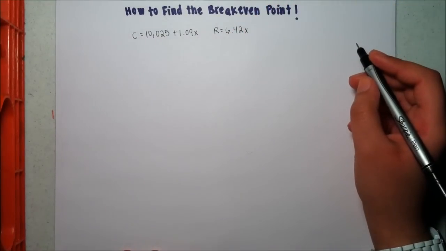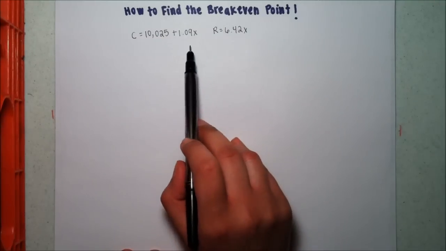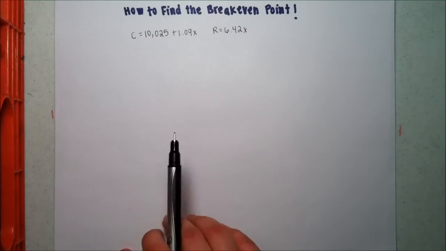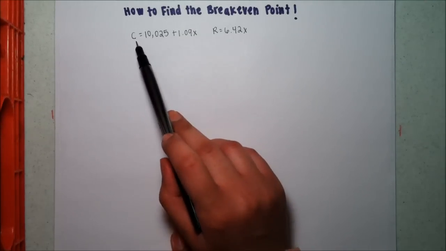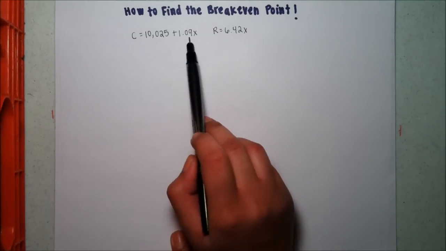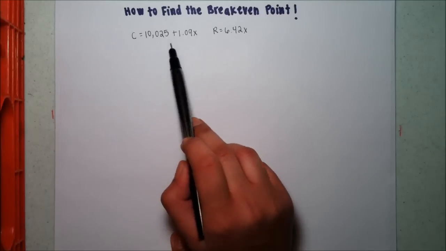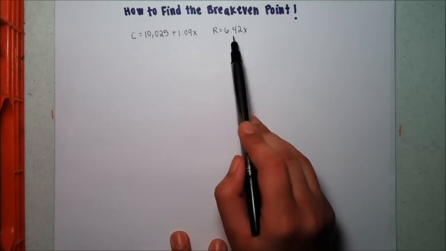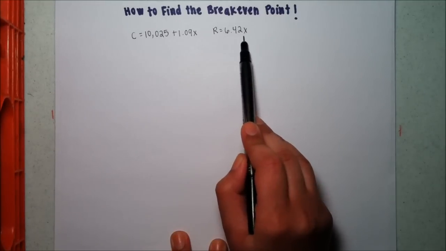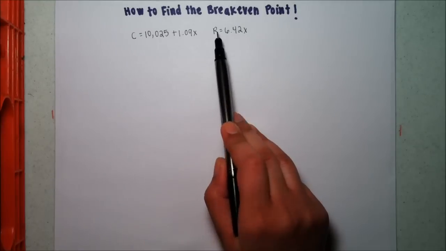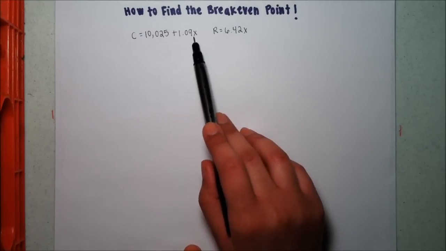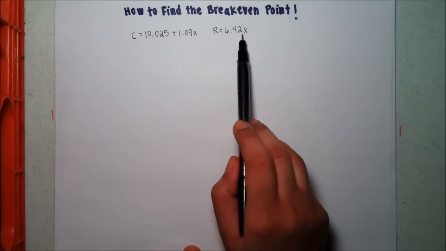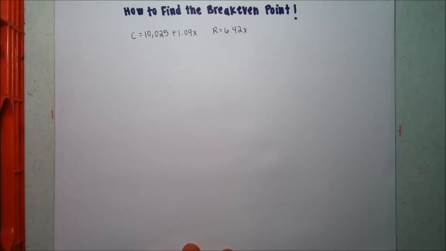Okay. So basically, when you're given a problem like this in a math class, typically it'll already be given to you in this format. So you will have an equation equal to C, which will be your cost portion of the equation, and then you will have an equation equal to R, which will be the revenue portion. Each side has an X, which is the same variable, so it's pretty simple to solve.